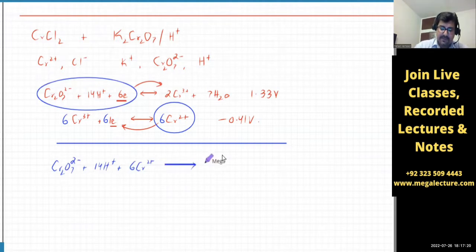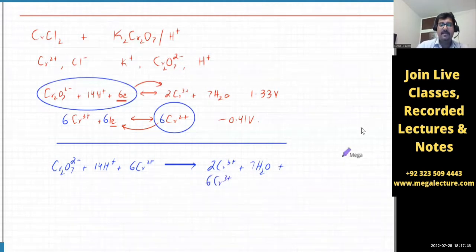The products getting formed are 2 Cr3 plus and 7 H2Os. And in the second one, the product is 6 Cr3 plus and 1 electron. These two are the same thing, so you can just add them up. So they're forming 8 Cr3 plus.